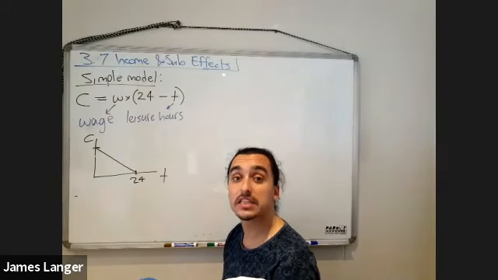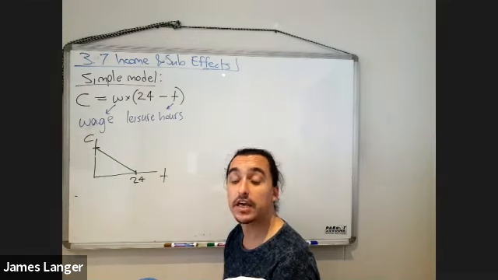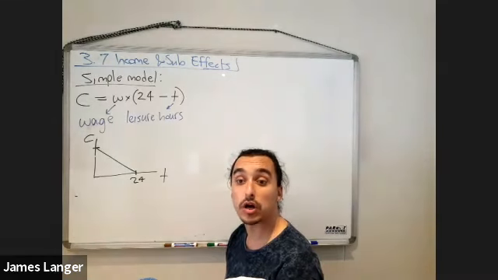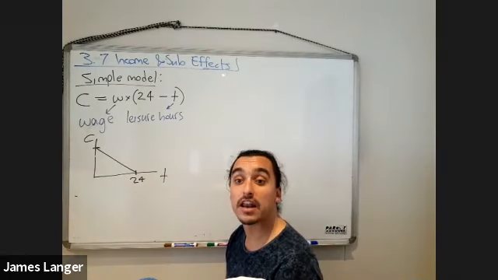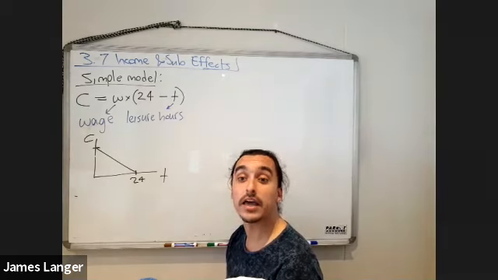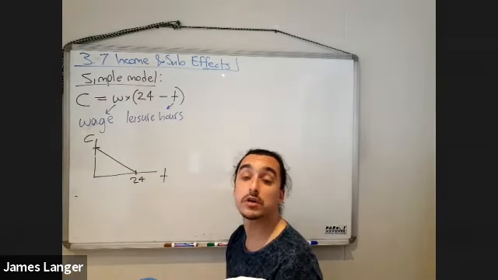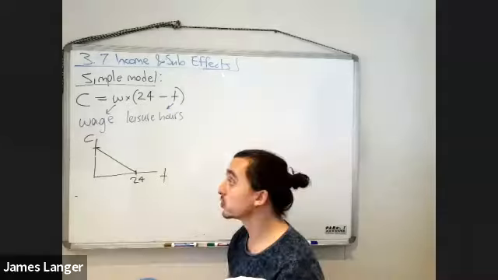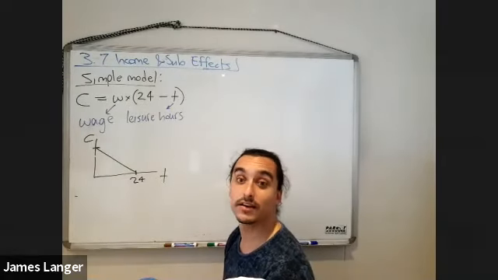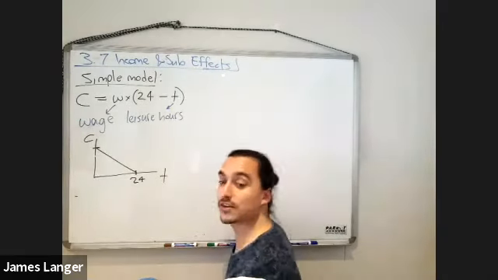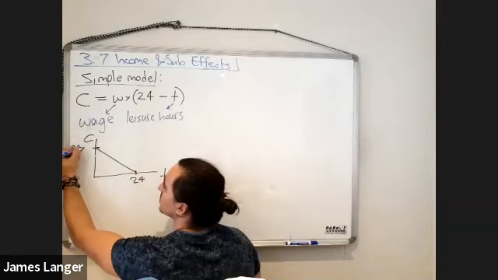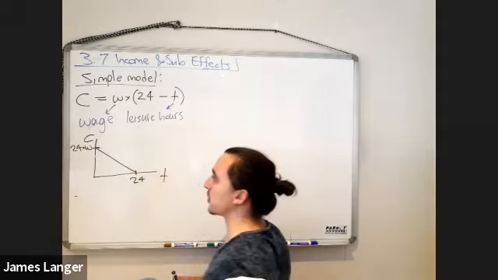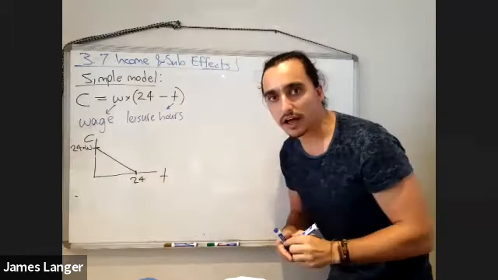If I consume 0 leisure hours, then I'm working 24 hours. And if I work 24 hours, then my income for the day, which is going to be my consumption, is equal to, anyone? Well done. Wage times 24. Or 24 times the wage rate. Okay, same thing. Well done.